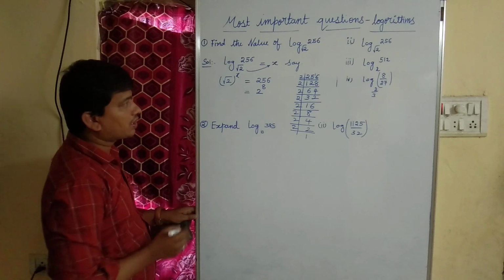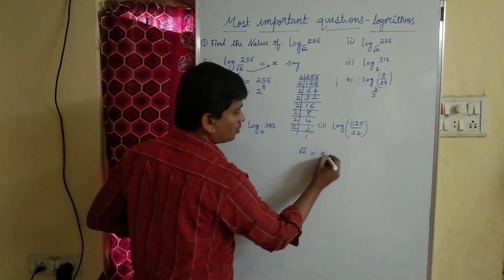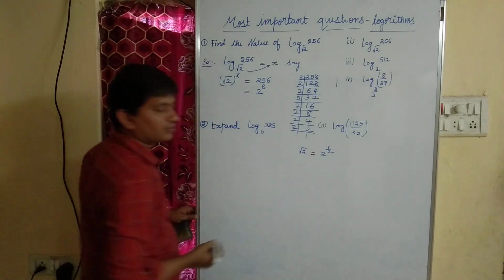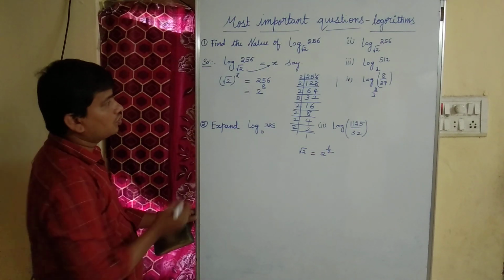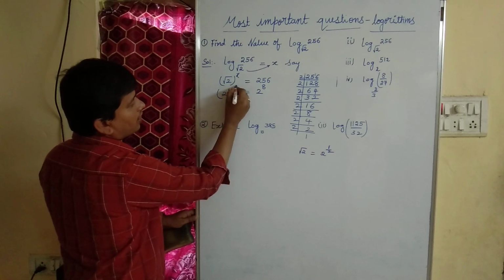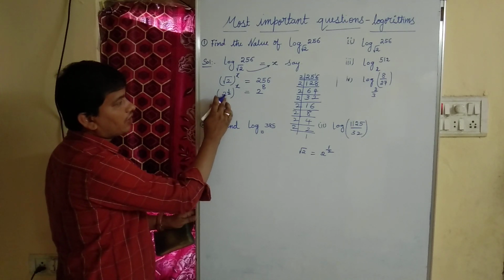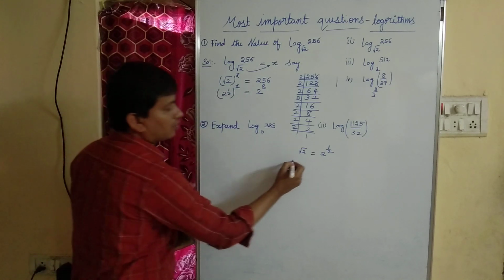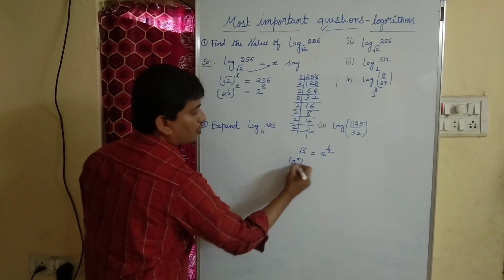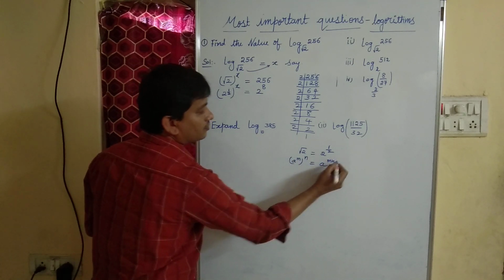You know children, root 2 we can write as 2 to the power 1 by 2. Yes or no? Root 2 we can write as 2 to the power 1 by 2, whole power x. Now which is in the form of a power m whole power n. What is the formula of a power m whole power n? That is equal to a power m into n.